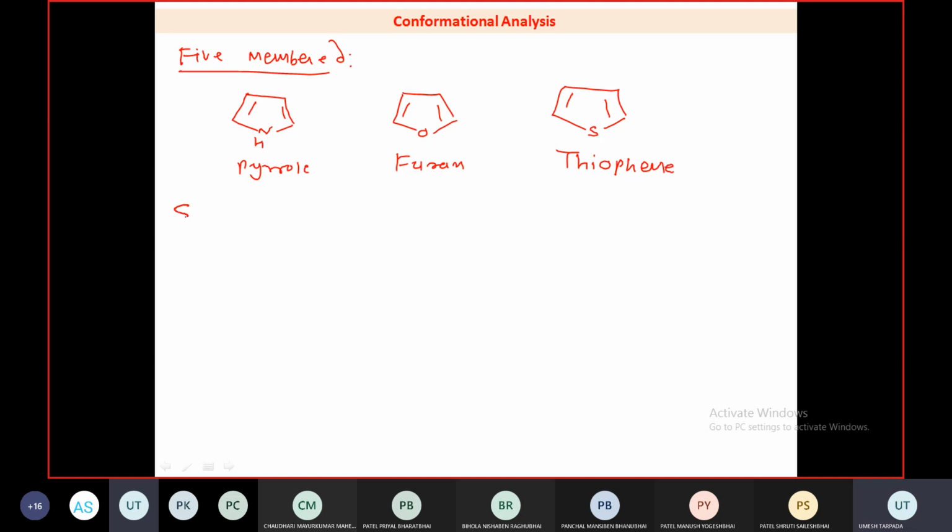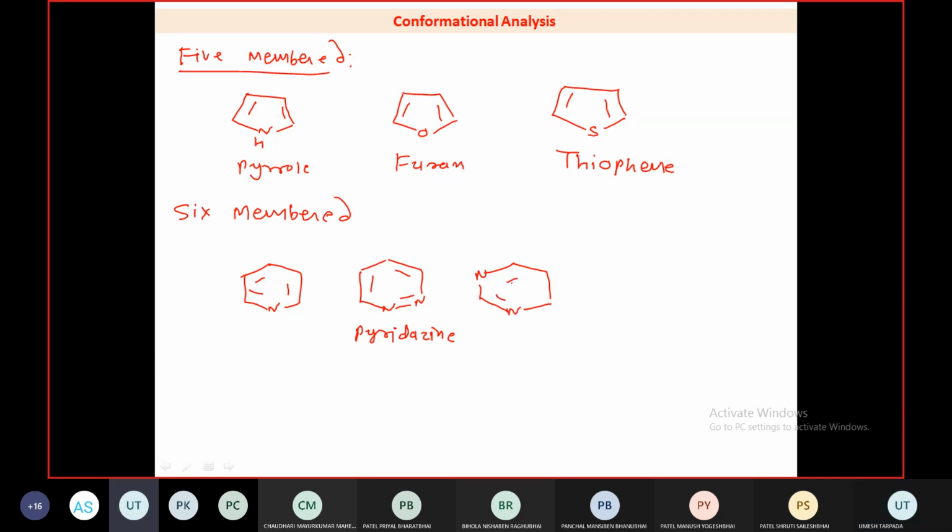If you consider a 6-membered ring compound, what happens? In the 6-membered ring with only one heteroatom, you have pyridine. If 2 nitrogen atoms are there at 1 and 2 position, it is called pyridazine. If 2 nitrogen atoms are at 1 and 3 position, it is called pyrimidine.